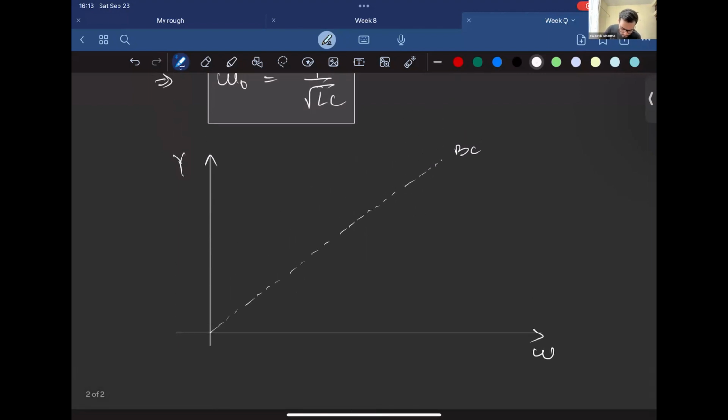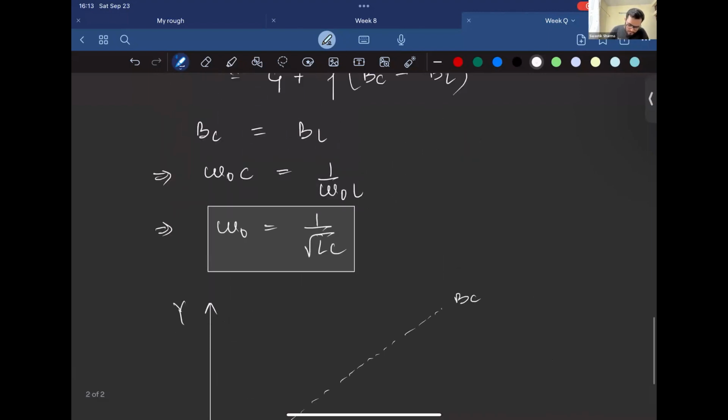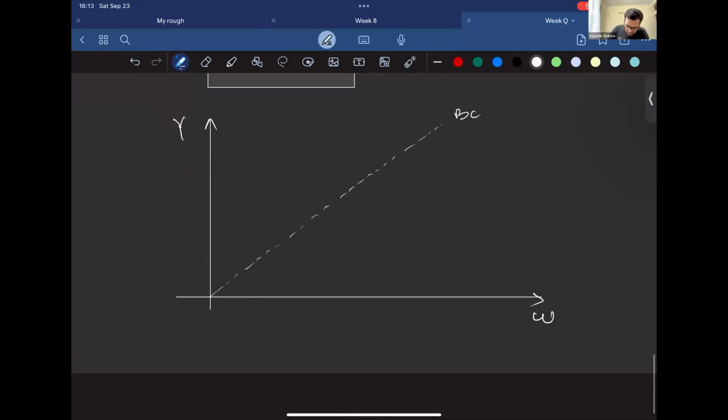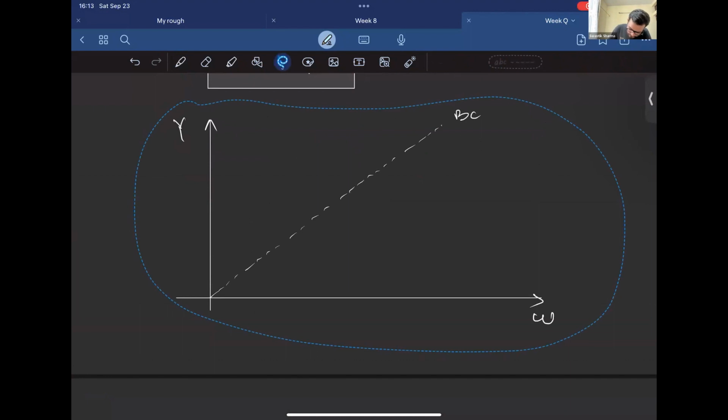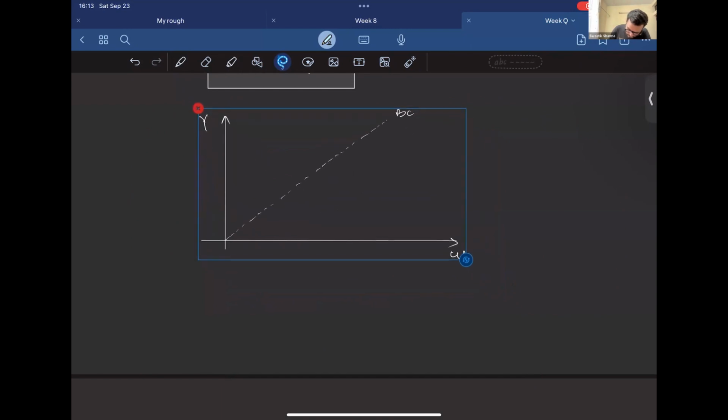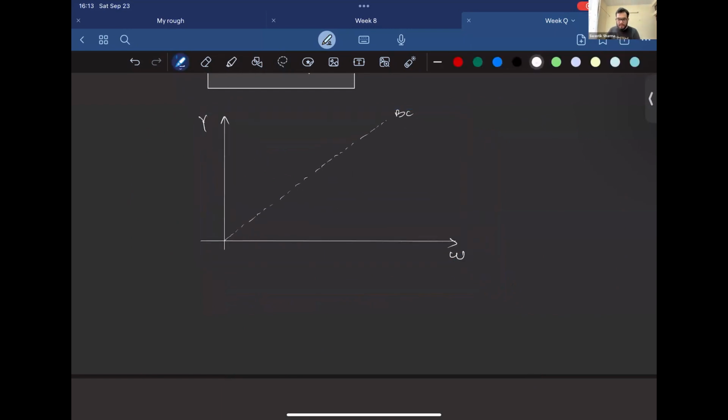And we know that since BL is inversely dependent upon frequency omega, it would look something like this, right? So this is BL. And G is a constant term, right? So it would be this.